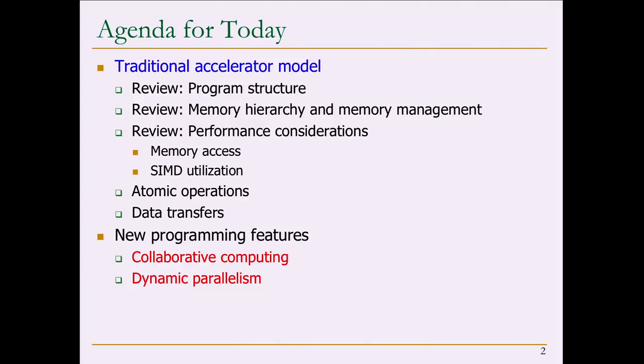Once we finish with these two topics, I will go through the rest of the presentation, new programming features. Probably today we will only have time to talk about collaborative computing, but if we have time, we can also introduce dynamic parallelism. Collaborative computing essentially means that it's going to be possible to have CPU and GPU collaborating, working on the same workload, using the same input data and generating the same output data or parts of this output data.